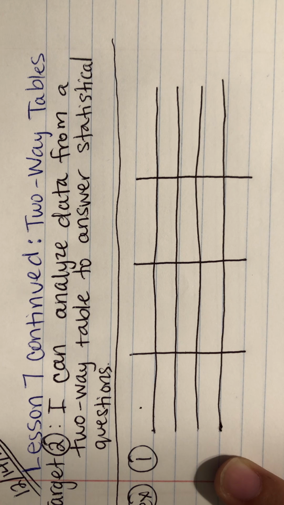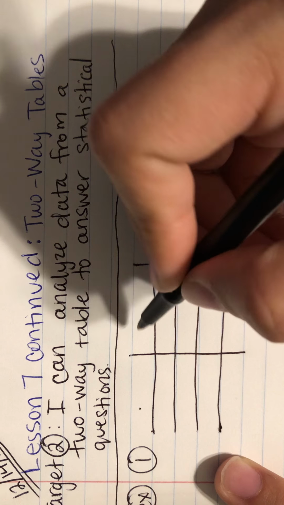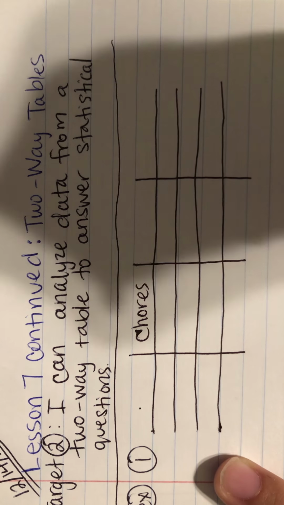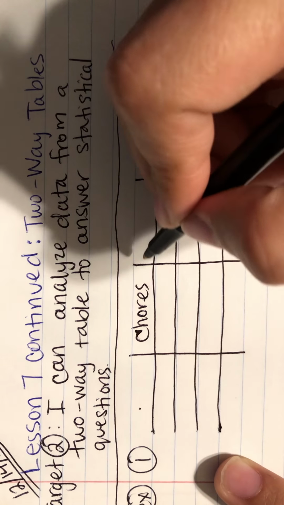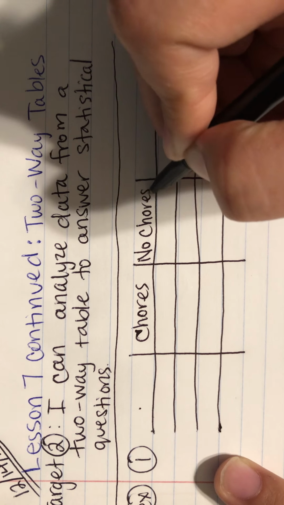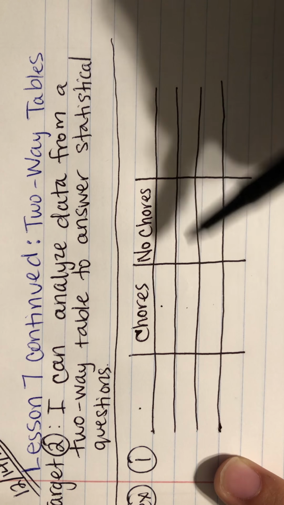So from this table we have a few things. First, here we're going to have the amount of people that do chores and the amount of people that have no chores. So the numbers are going to go in here.